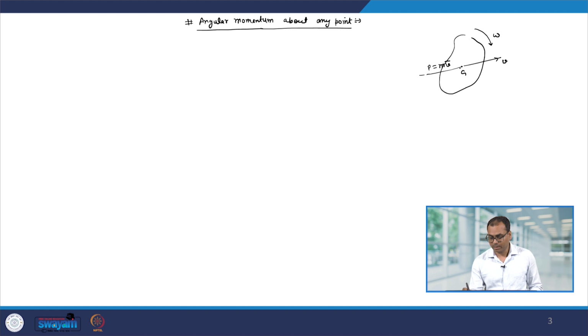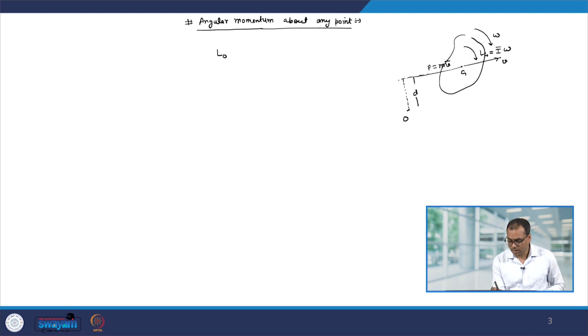Therefore, the angular momentum about G will be L_G equal to I bar omega, where I bar is the moment of inertia of the rigid body about the mass center G. Let us say I want to calculate the angular momentum about a point O, which is at a distance of d from the line of action of P. Then the angular momentum about O will be the angular momentum about G plus the moment of momentum.